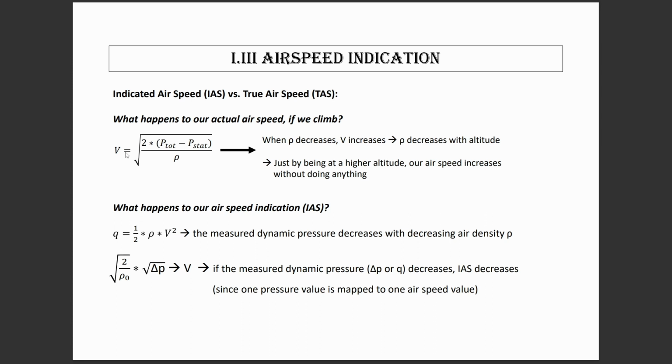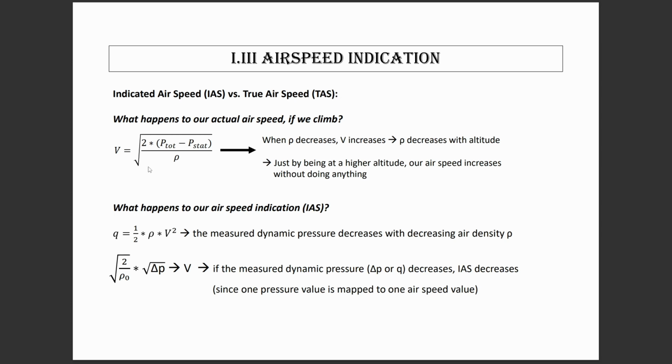Okay? But as we go higher, this density value will decrease according to our atmosphere and, for example, the standard atmospheric model. Now, if we were to measure the same pressure difference with our device, but we have a decreased density, our speed is increased.